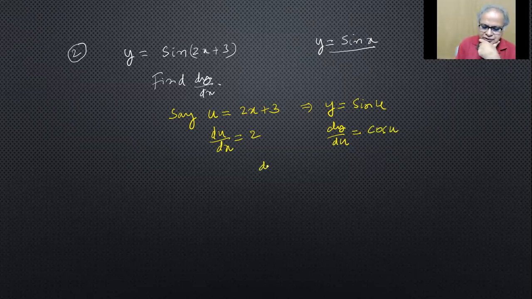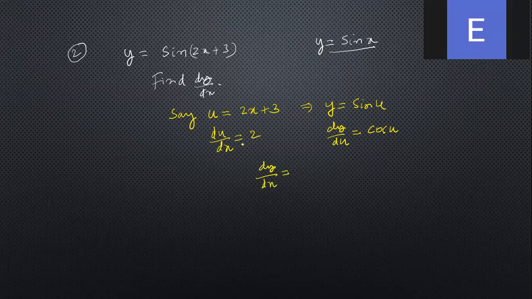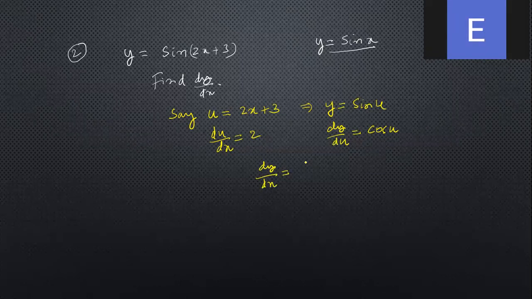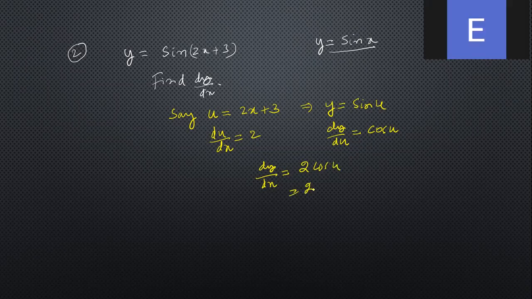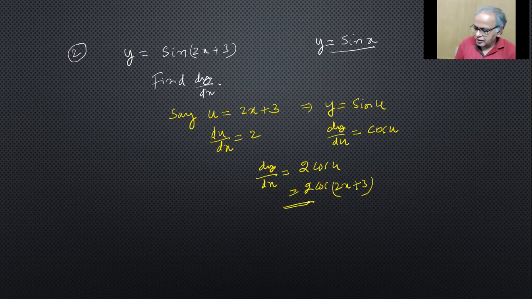So dy by dx equals dy by du into du by dx, that is 2 cos u, that is 2 cos of (2x plus 3). That's all. Very limited kind of an approach we have, but very useful.